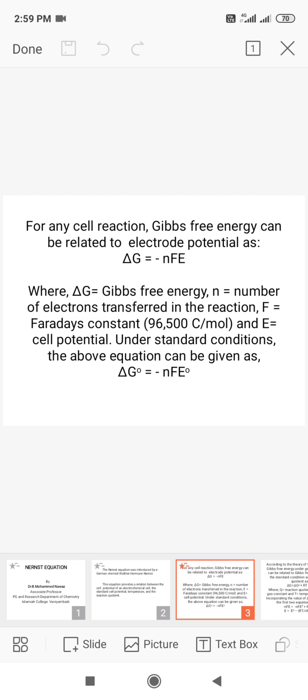Similarly, under standard conditions, the above equation can be written as delta G naught equal to minus nFE naught. Delta G naught refers to the standard free energy change of an electrochemical cell. E naught is the standard EMF or standard cell potential.